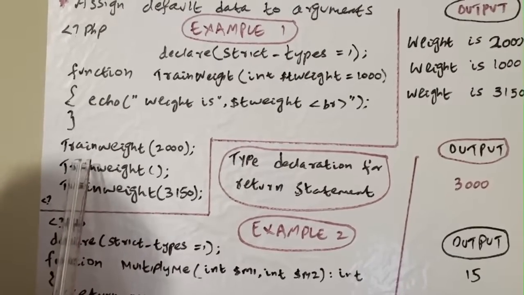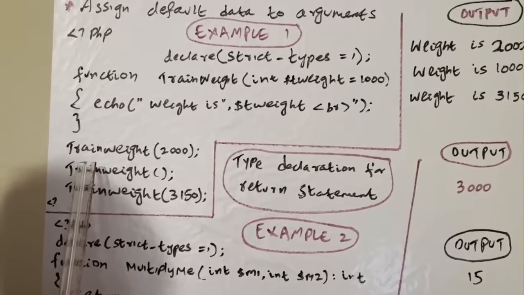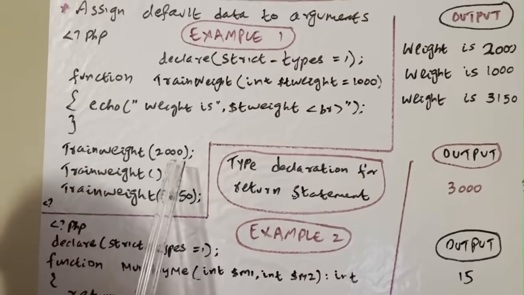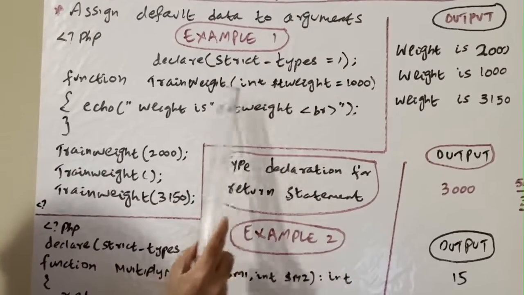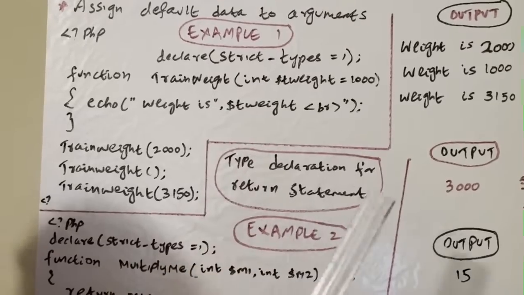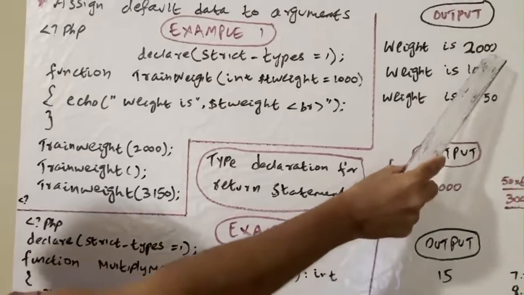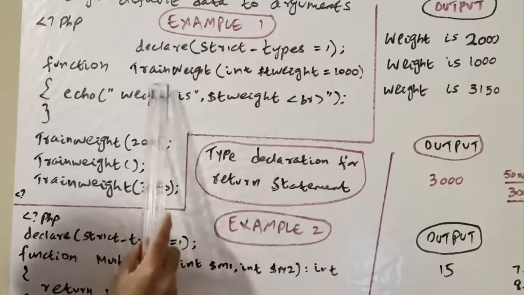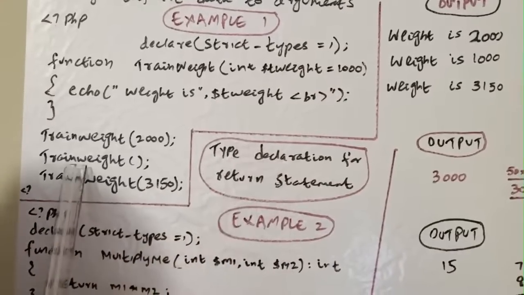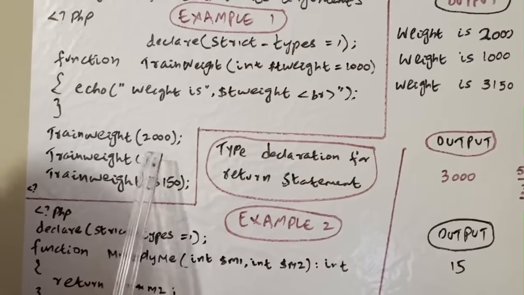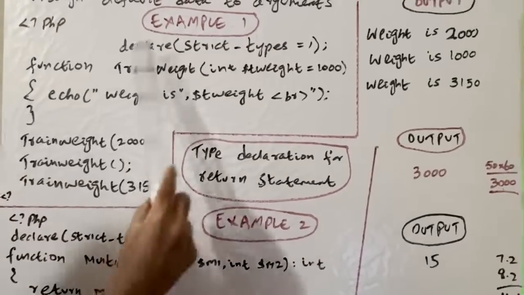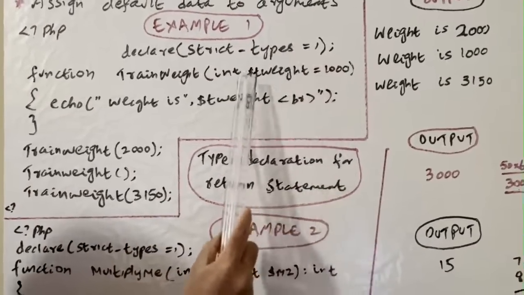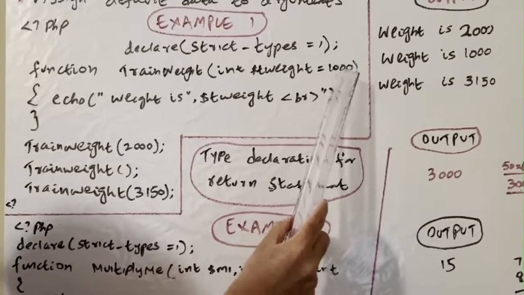I am invoking the function, calling the function with values. train_weight of 2000. So 2000 will get substituted here. It's an integer. It's going to print here. So output will be weight is 2000, right? Next time I call the function with no value, a null value. See what happens? It goes here and then I assign the default value equal to 1000.